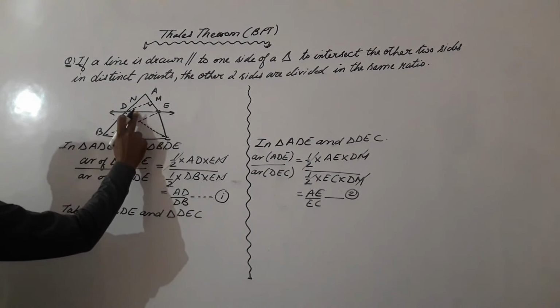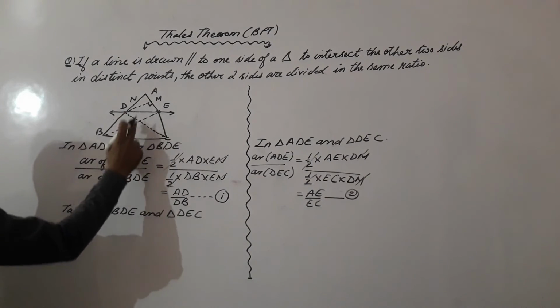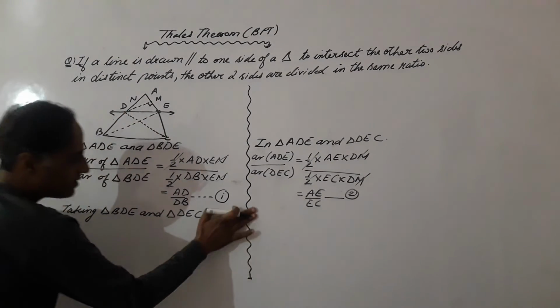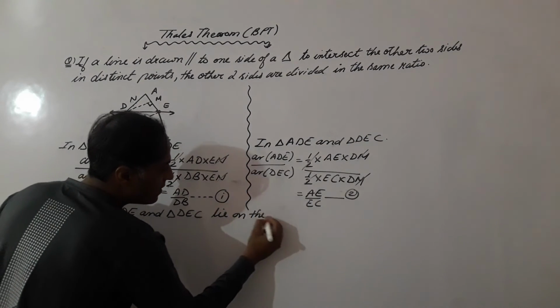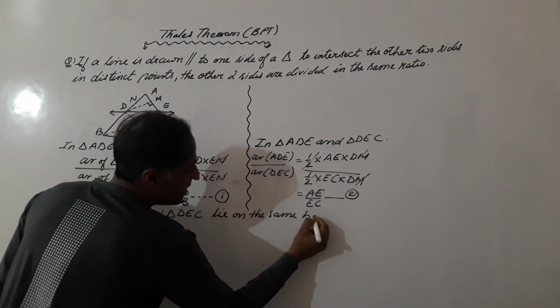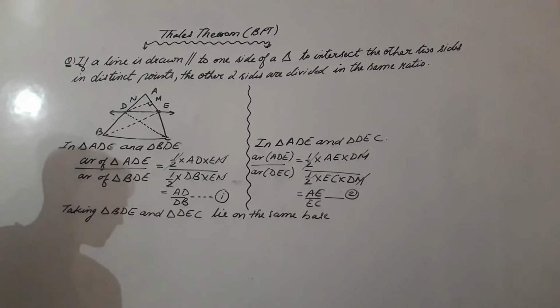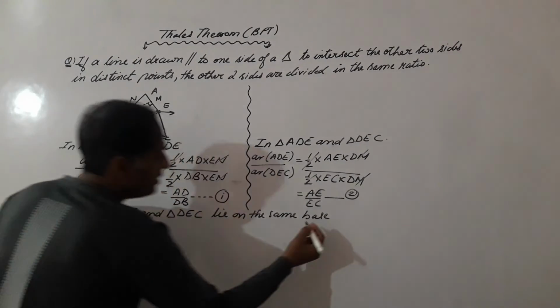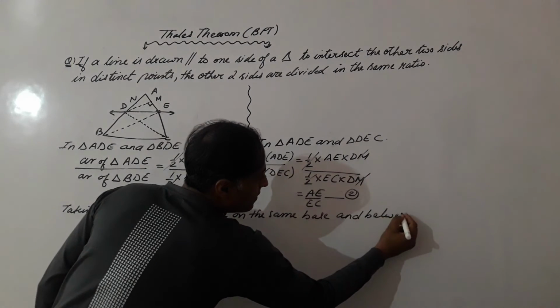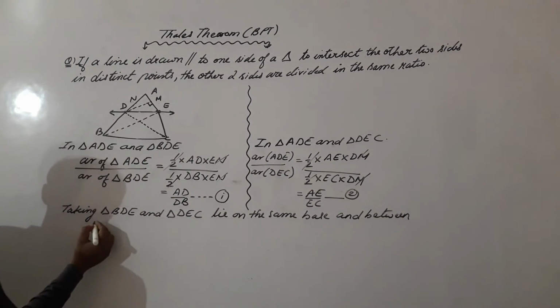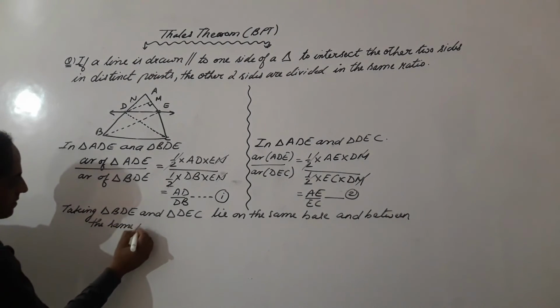Both of these lie on the same base and between the same parallels, as you can see. So you can write it here: lie on the same base and between the same parallels.